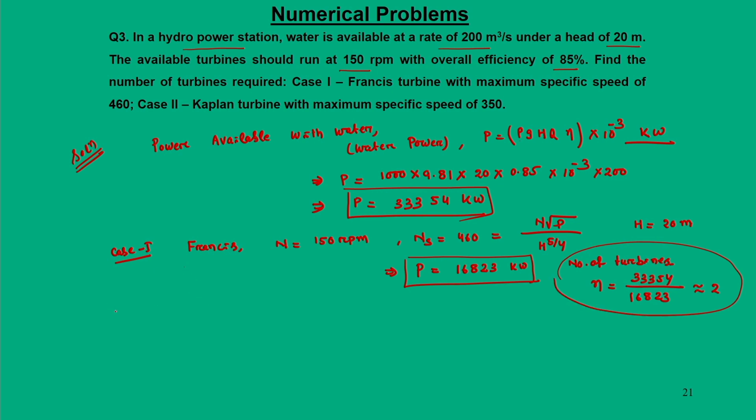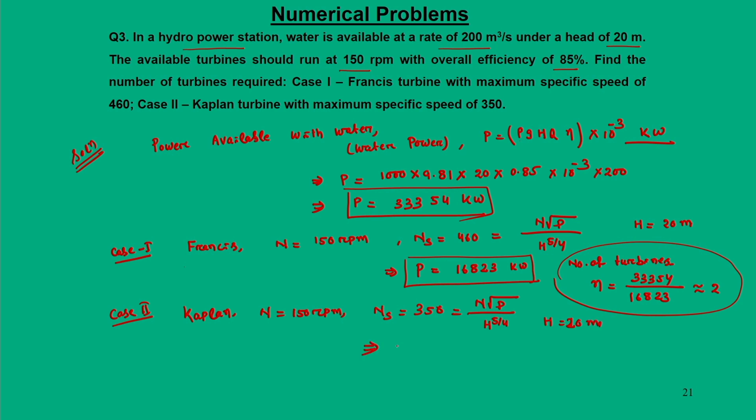For the same situation, if you look for Kaplan, with the same RPM, but its specific speed as 350, and the expression remains the same, Ns is N square root of P divided by H to the power 5 by 4, and here H stands at 20 meter.